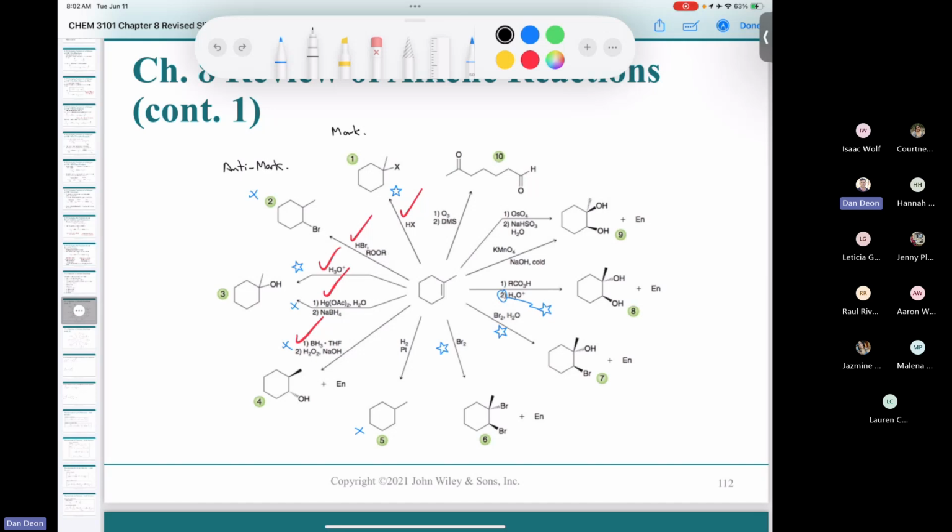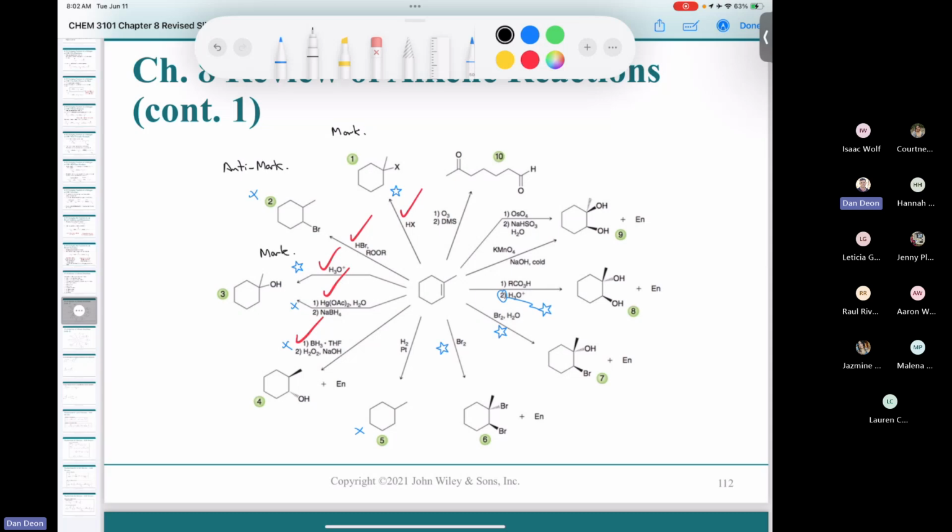You don't have to know that mechanism. It is covered in the class, but not until chapter 10, so don't worry about it now. The next one is just a catalytic hydration. So, acid catalyzed hydration, and that proceeds with Markovnikov regioselectivity.